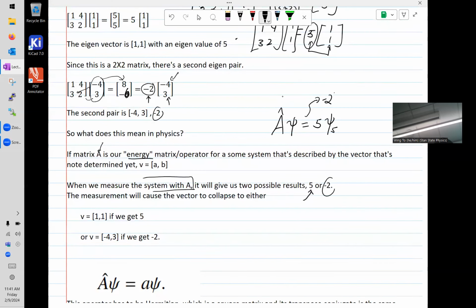It could be negative 2 as well. So what's happening is, if you measure with this A operator, you either get 5 or negative 2 as the answer of the measurement. But what happens is that the wave function itself also turns into the eigenvector of that particular eigenvalue. Okay.